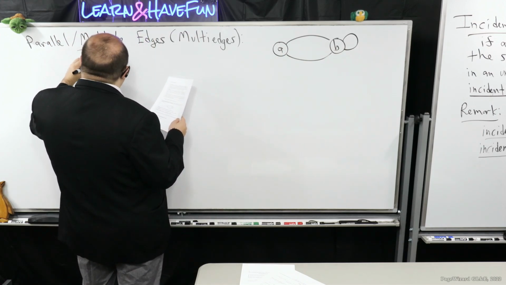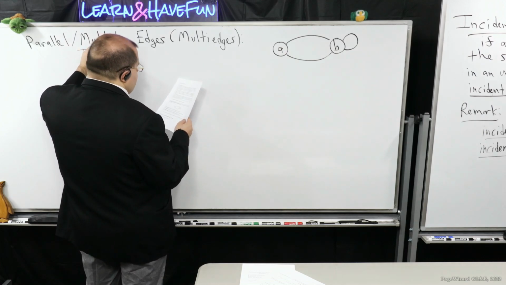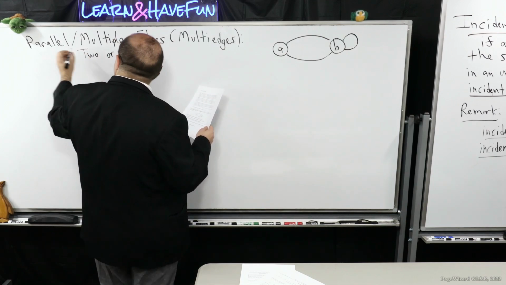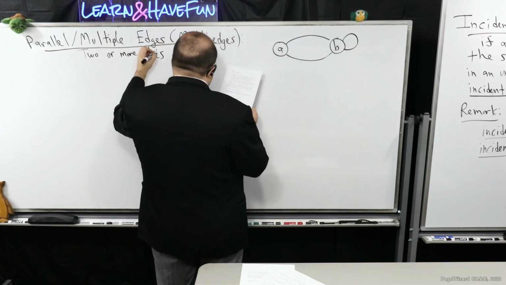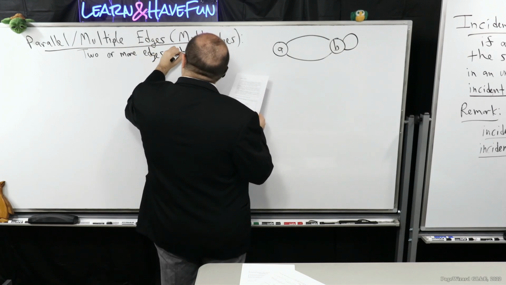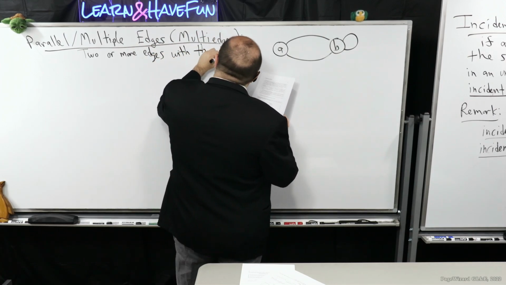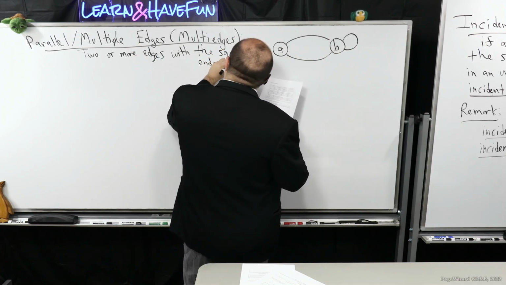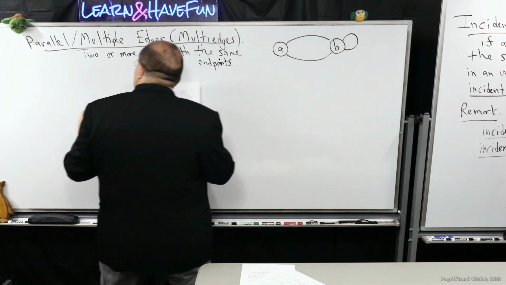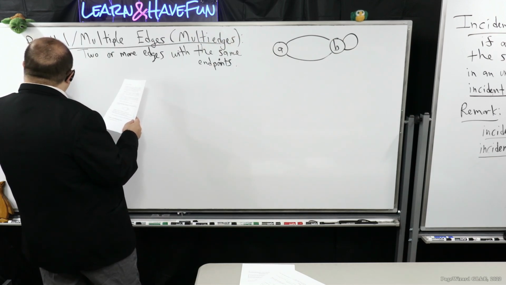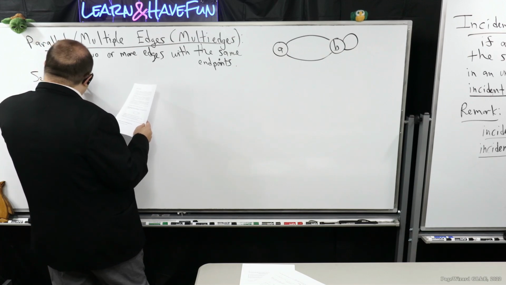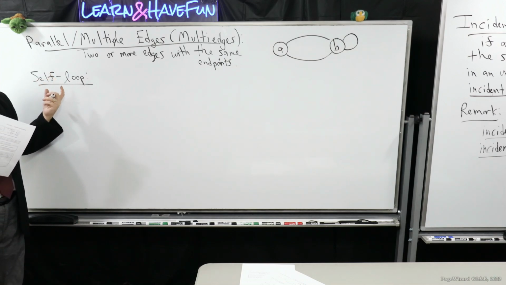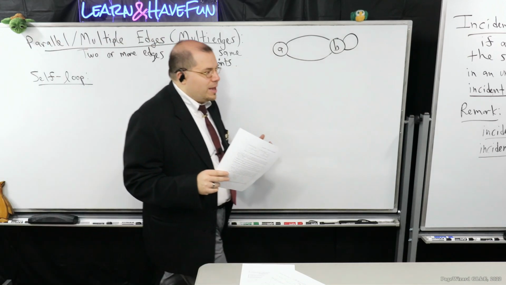So parallel edges or multi-edges are two or more edges with the same endpoints. It's the endpoints that matter here. Likewise, we have the idea of a self loop, or just loop. One thing to watch out for is that some people also call what we'll define later as a cycle a loop too.